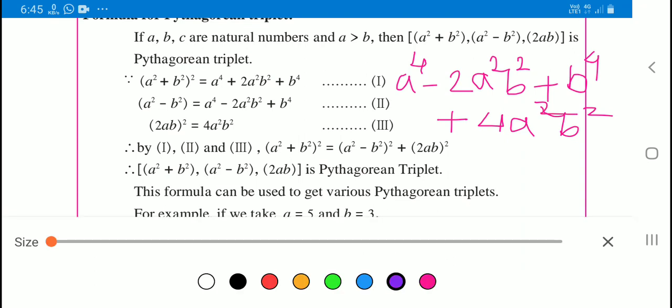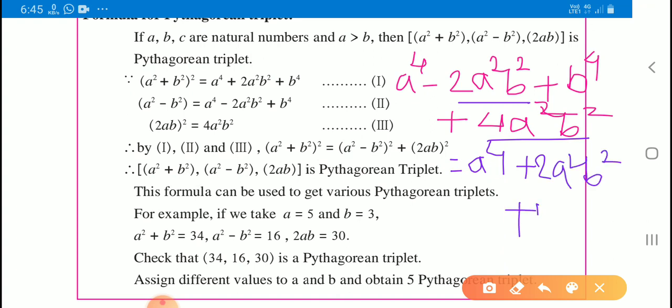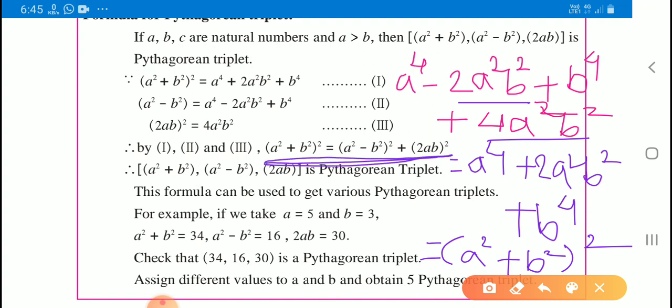Now this is equal to a raised to 4, and these two terms are like terms, so minus 2 plus 4 gives 2 a square b square, plus b raised to 4. It is nothing but (a square plus b square) whole square.